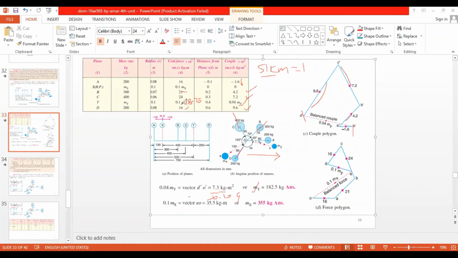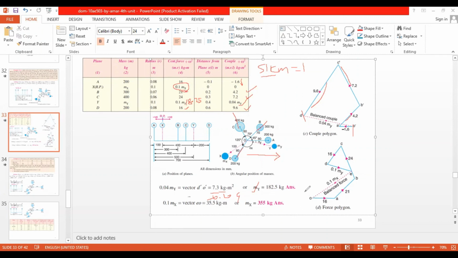Then we have found 0.1 my, so that 0.1 my is here in this direction. So now we are done with the polygon. Now we have only one unknown thing left, that is 0.1 mx. What you have to do is join the start and final point.